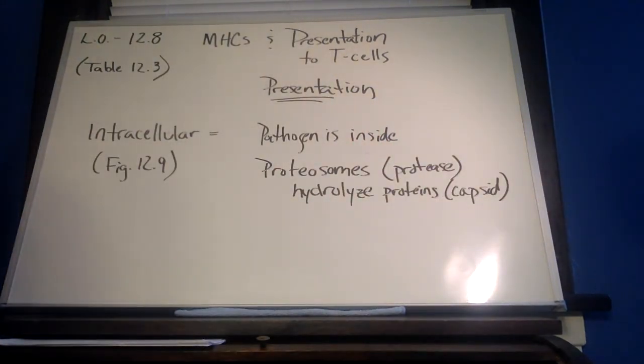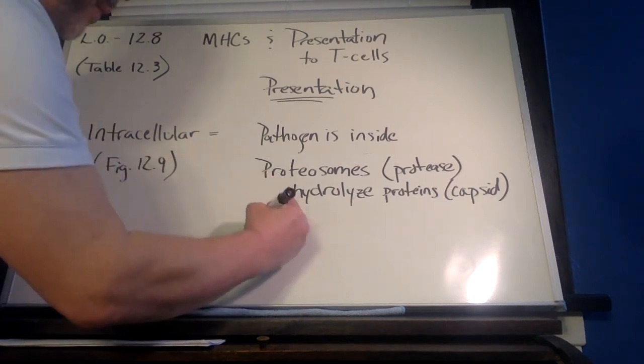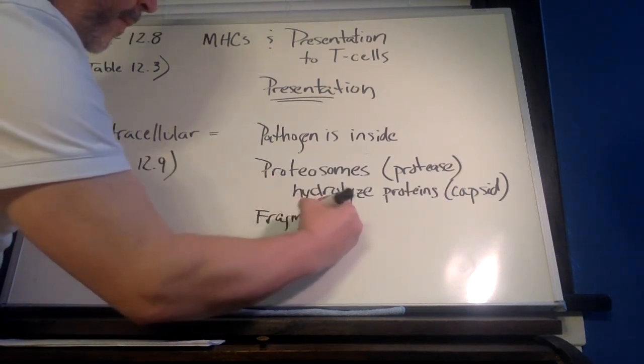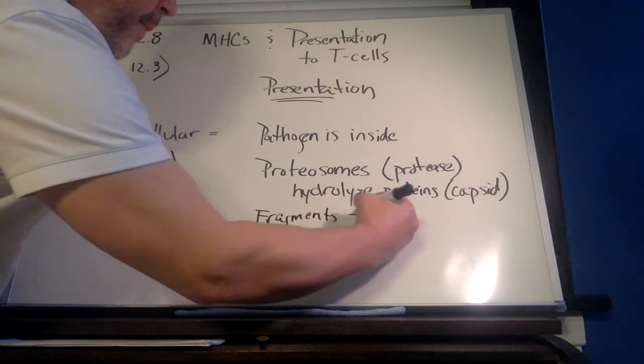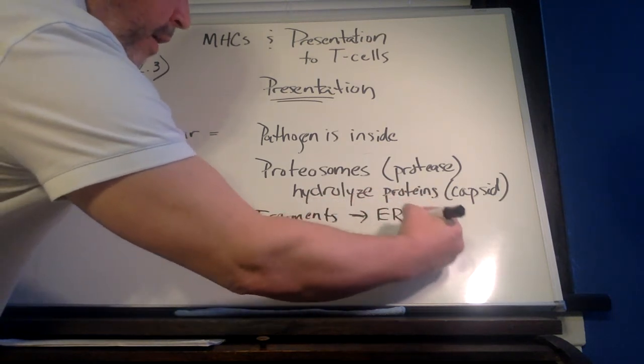Remember, a virus is made up of a genetic portion, made of DNA or RNA, and then that capsid, which is made up of a protein. After we break down that capsid, we now have these different fragments of protein. Those fragments are sent to the ER.